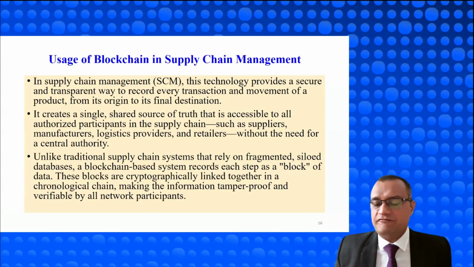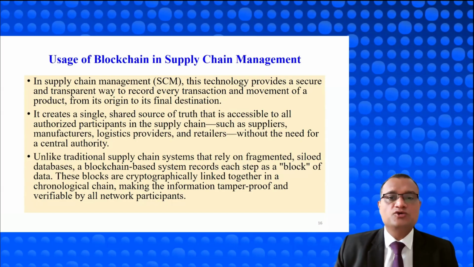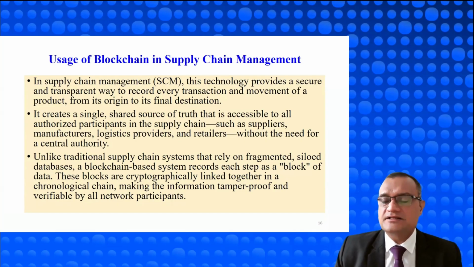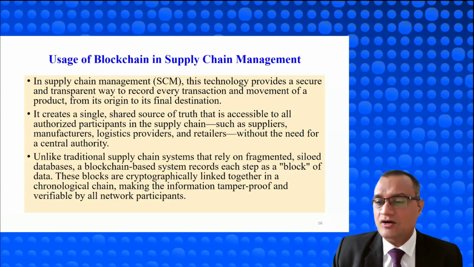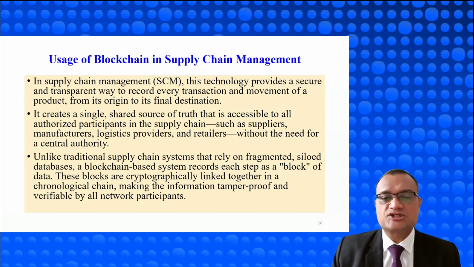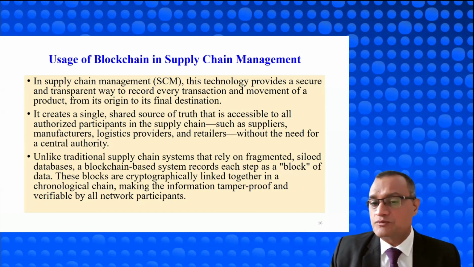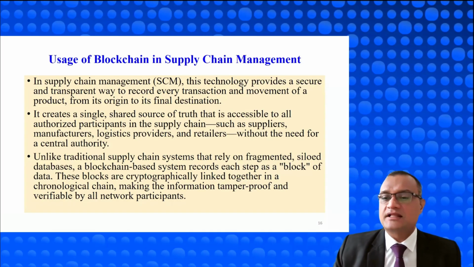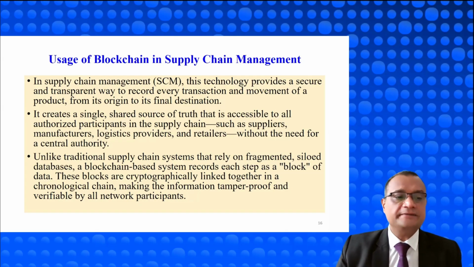So broadly, if we summarize, then usage of blockchain in supply chain management is all about providing a secure and transparent way of doing transactions. It creates a single shared source of truth that is accessible to all authorized participants. There is absolutely no need for a central authority.